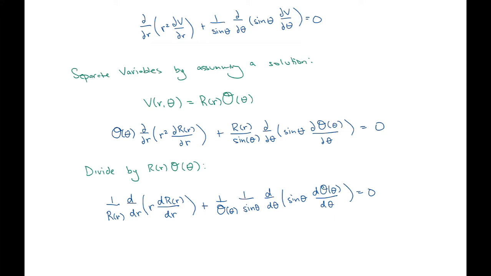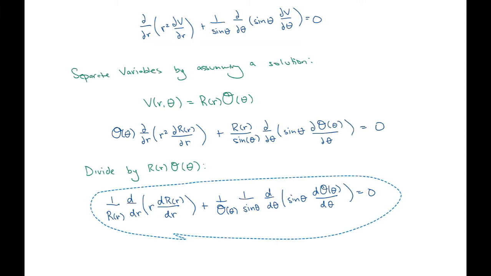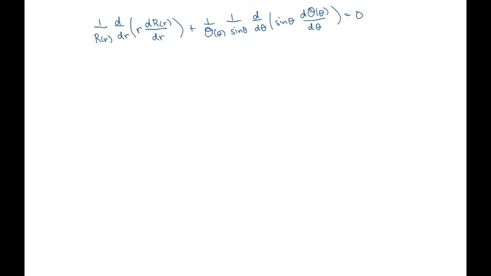Notice this term only depends on r, and this term only depends on theta. But they're kind of big and kind of nasty. Let's go ahead and copy that over. Just like before, I can make this argument.